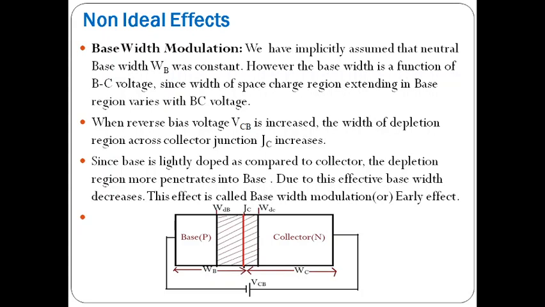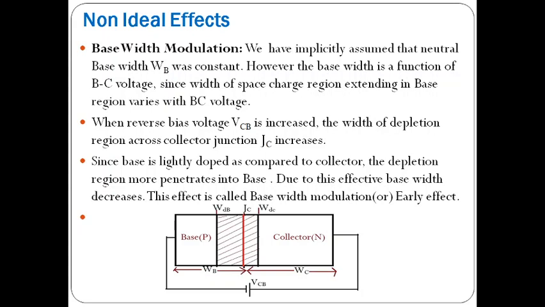At some particular point, the depletion region penetrates so far into the base region that it touches the emitter region. In this case, the emitter is in direct contact with the collector region, so we can say emitter and collector are short circuited.